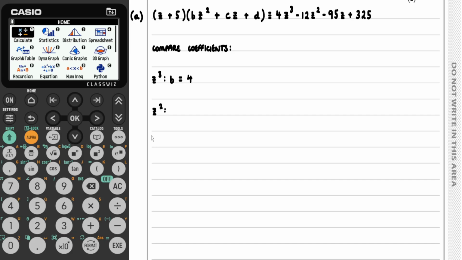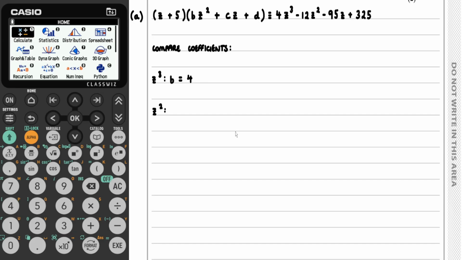Let's now take a look at the z squared. We have 5 multiplied by bz squared gives us a z squared term, and then we would have z multiplied by cz, which would also give us a z squared term.